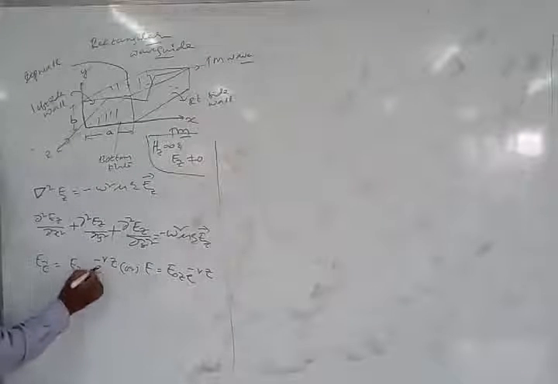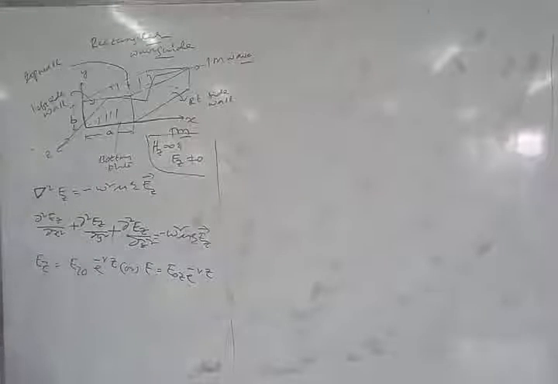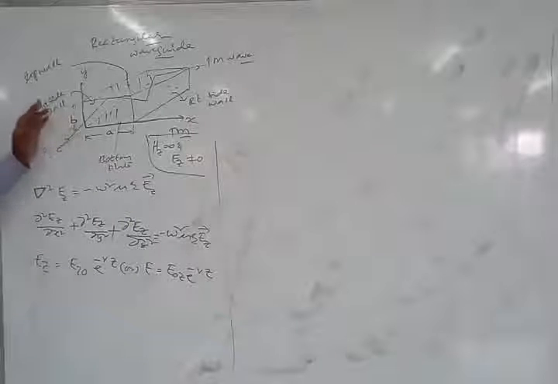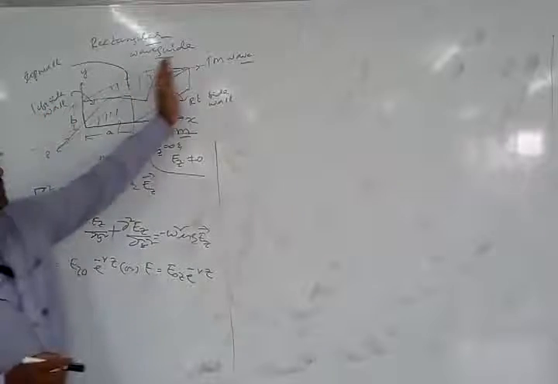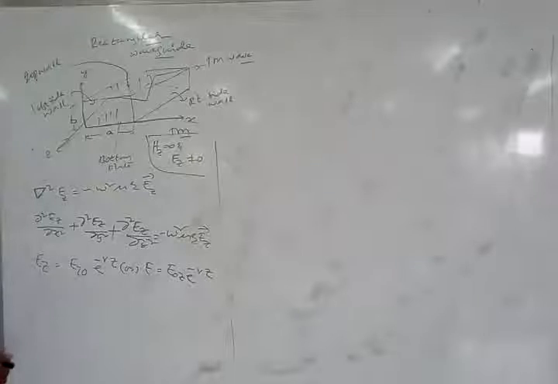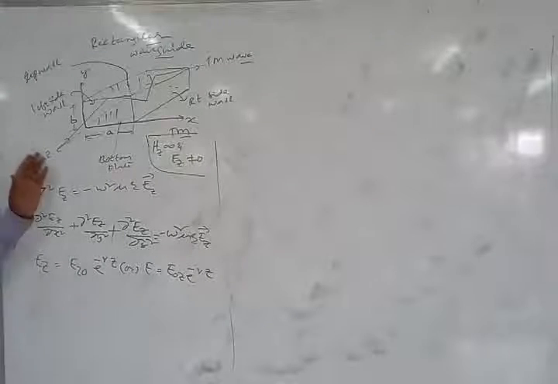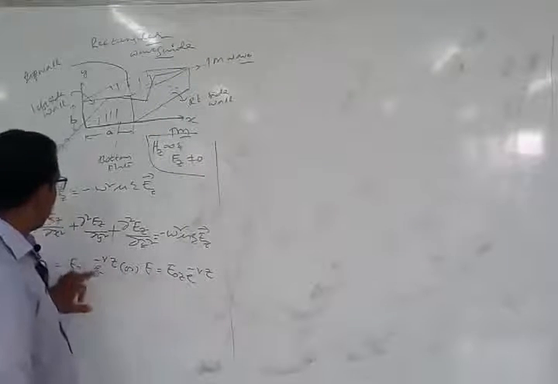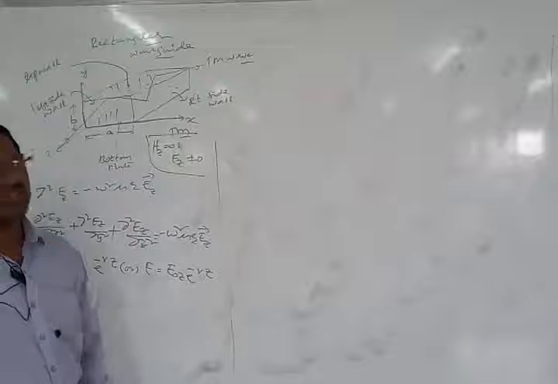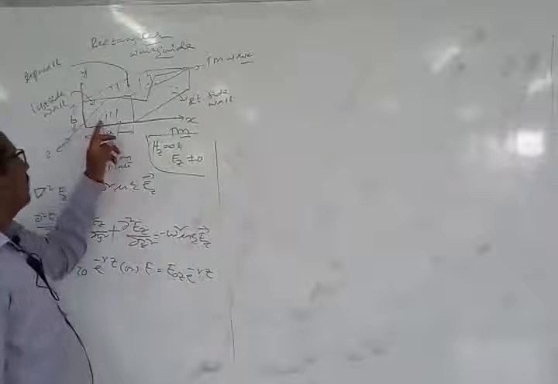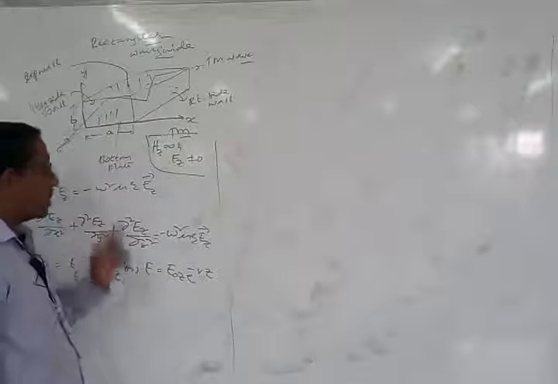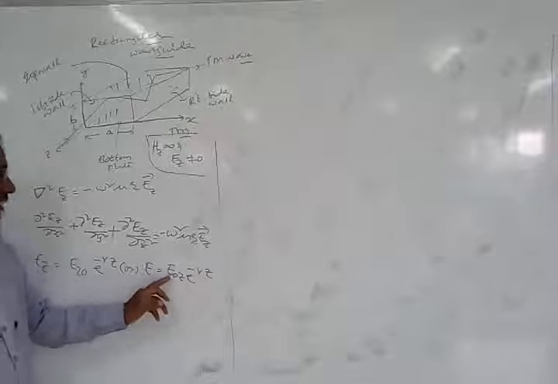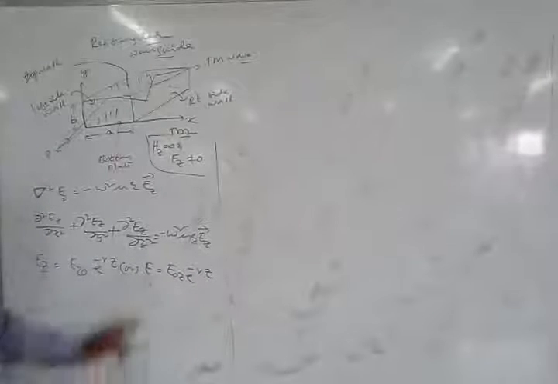Now why have we written e power minus gamma z? Because the electric field is propagating along the positive z direction, which is known as the direction of propagation of the EM wave, so we multiply this with e power minus gamma z. If the electric field is propagating towards the negative z direction, we multiply it with e power plus gamma z.